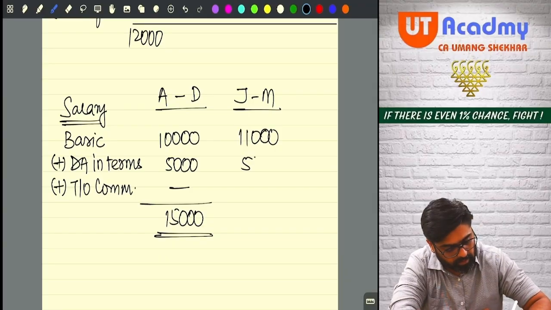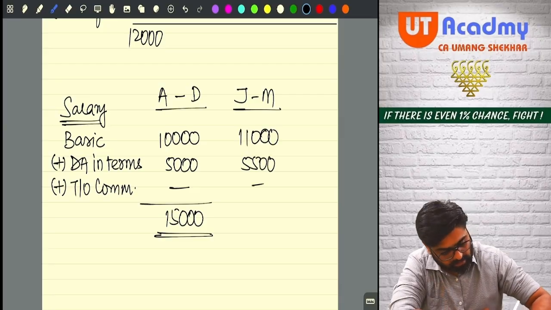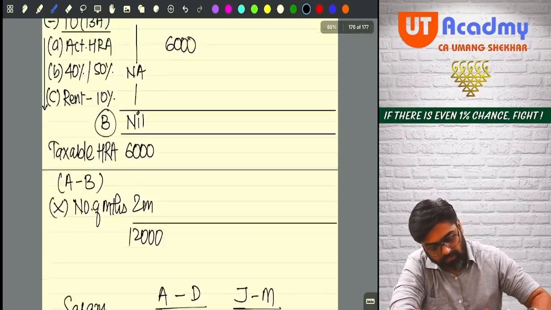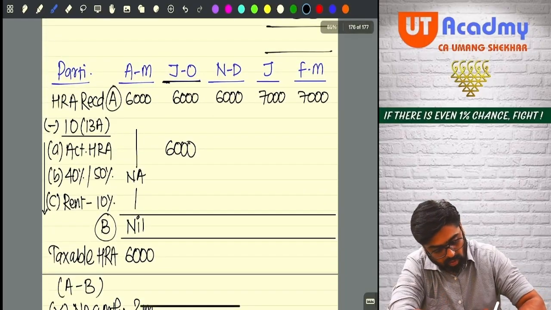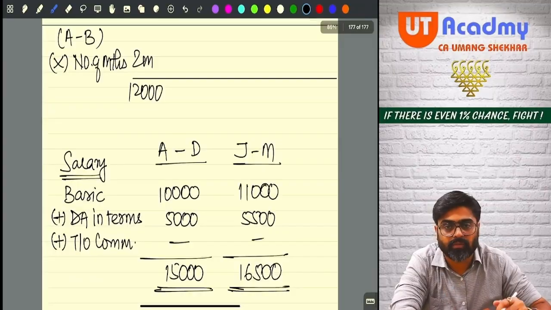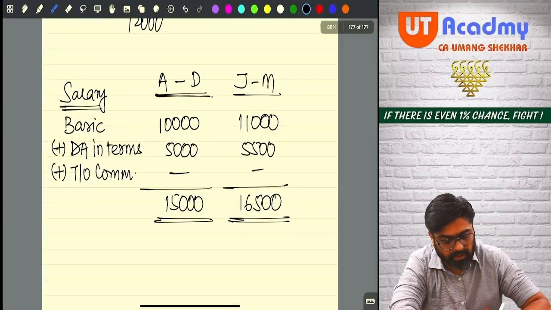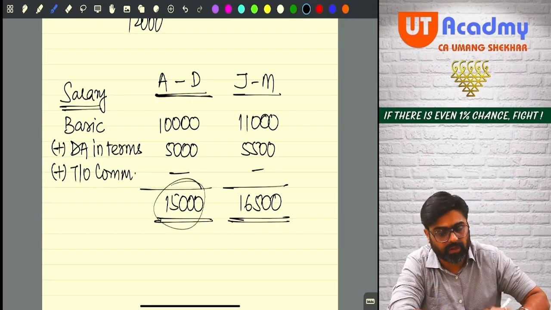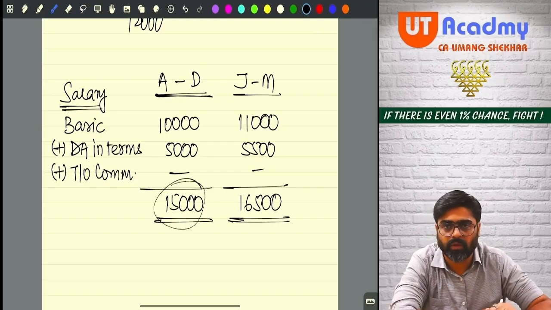So 5,500 will be my DA in terms. So this will be 16,500. Now I have to see for which months I am making the calculation. June to October. So what is the salary for June to October? April to December the salary is 15,000, so definitely June to October salary is 15,000 only.